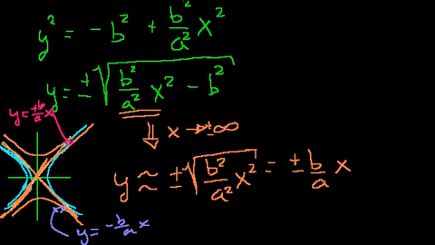So those are the two asymptotes, but we still have to figure out whether the hyperbola opens up to the left and right, or does it open up and down? There are at least two ways to do this. One, you see, this was an approximation. This is what you approach as x approaches infinity. But even when x approaches infinity, we're always going to be a little bit smaller than that number, because we're subtracting a positive number from this, and then we're taking a square root of the whole thing.